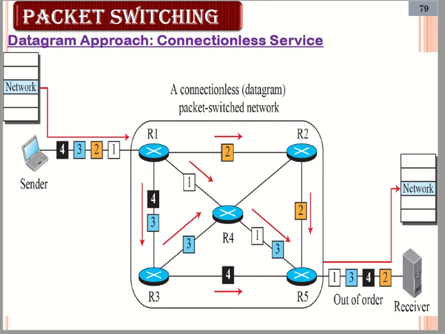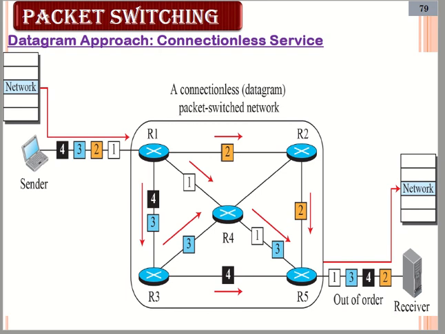Here we have seen that a frame can take any possible path, whereas in the virtual circuit approach, once one frame has been sent on one particular route, all the rest of the frames will pass along the same path. We'll see how that happens in the next video.